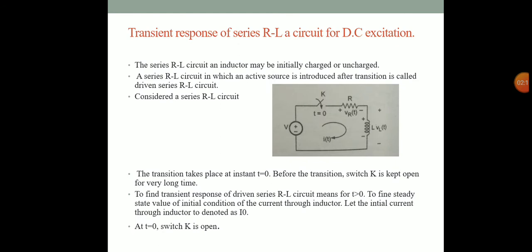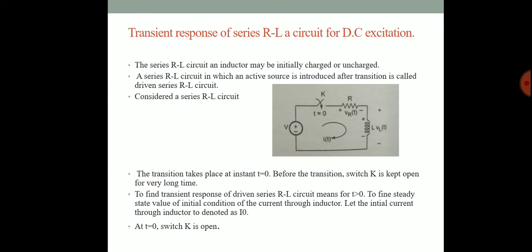First of all, transient response of a series RL circuit for DC excitation. In this RL circuit for DC excitation, the inductor may be initially charged or uncharged. A series RL circuit in which an active source is introduced after transition is called a driven series RL circuit.